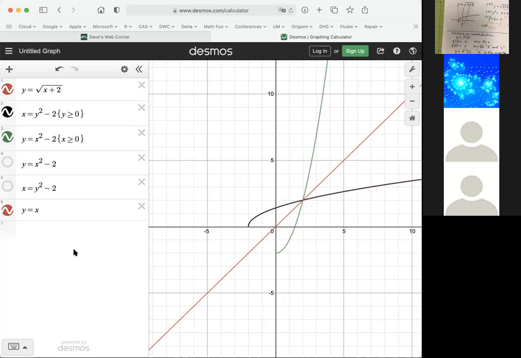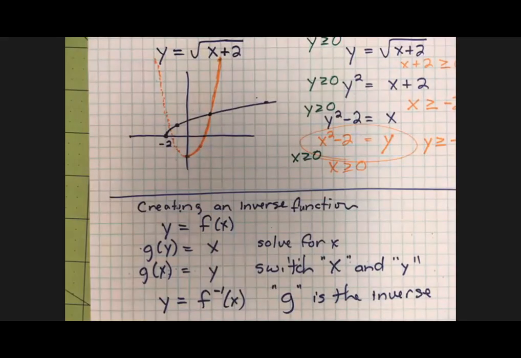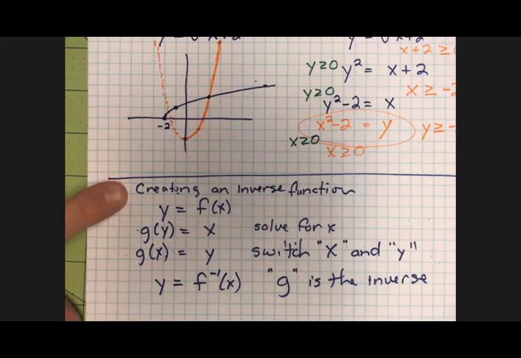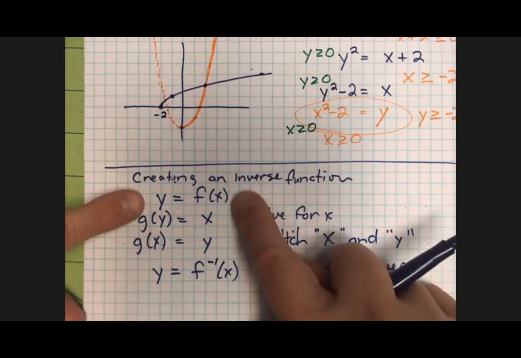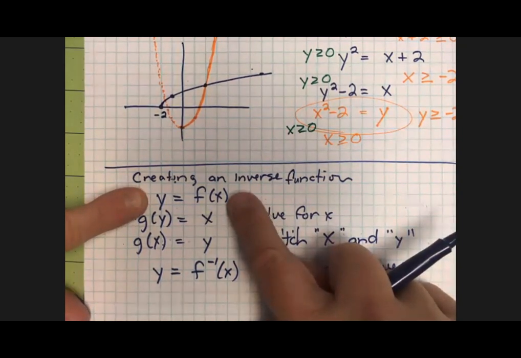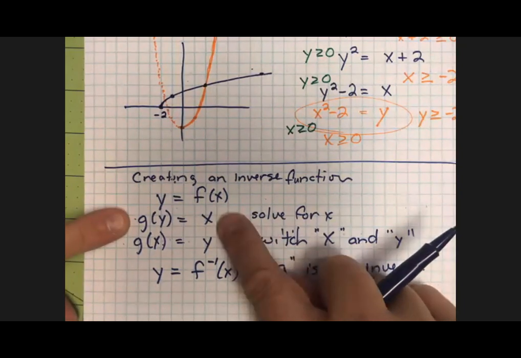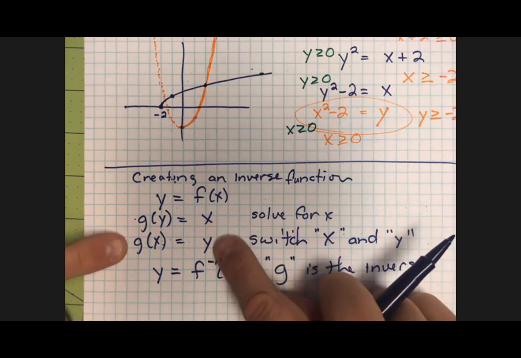Sorry, I got to go back to my paper. This is a process for creating an inverse function. You take some description. Y is some messed up combination of x's. You solve for x. Now you got x is some messed up combination of y's. You switch the x's and y's.